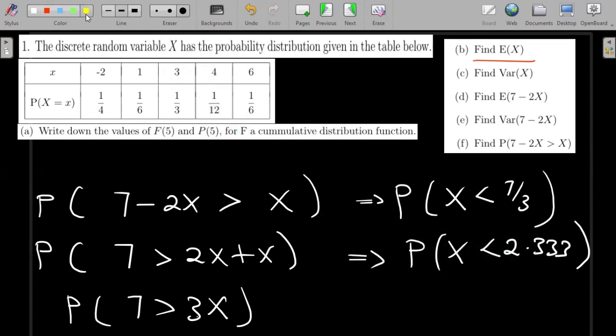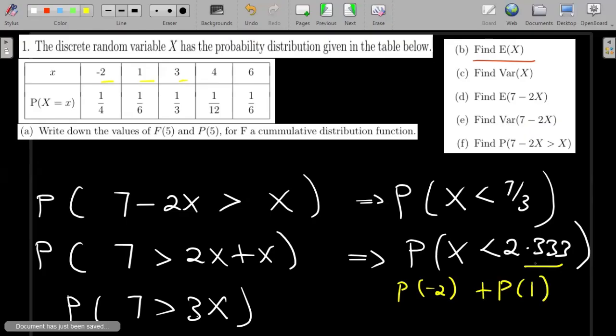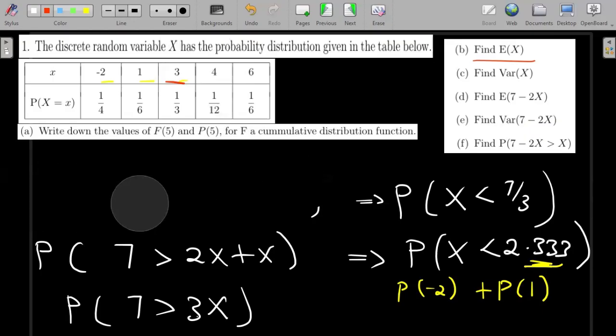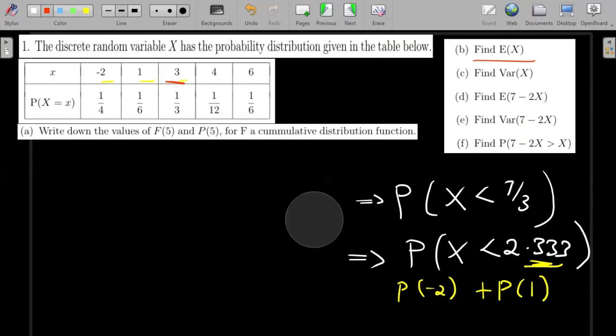So what values here are less than 2.33? This is the same as the probability of minus 2, because it's less than this, plus the probability of 1, because it's less than this. We can't include the probability of these 3 here, because they are not less than 2.33. So let's just add the probability of these 2, then we'll be able to find our desired probability.